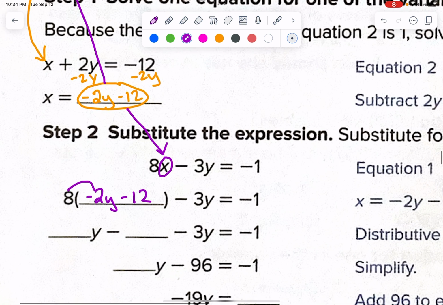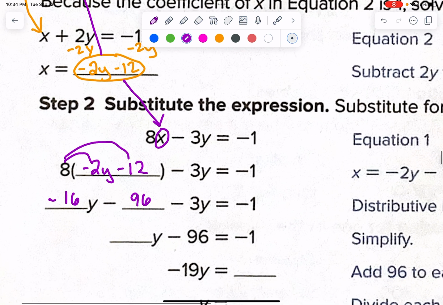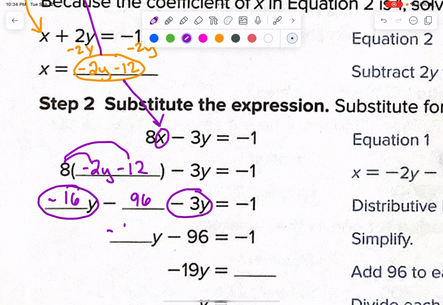So I'm going to distribute the 8 through. That becomes negative 16y minus 8 times 12 is 96, minus 3y equals negative 1. Negative 16y can be combined with negative 3y to make negative 19y minus 96.